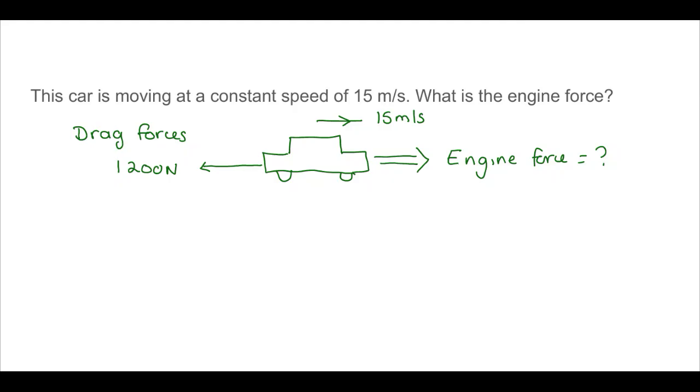Can you see a clue in here to tell us what the acceleration is? Whenever you see constant speed, you know that the acceleration is 0, and therefore the total force must be 0. So constant speed always tells you that the forces are balanced.